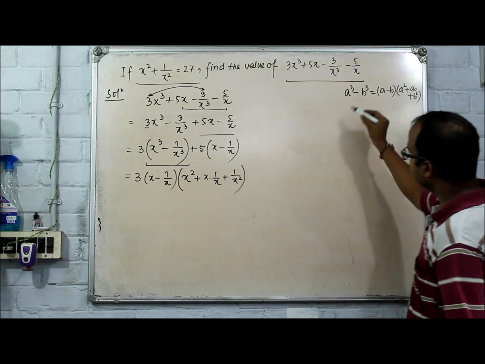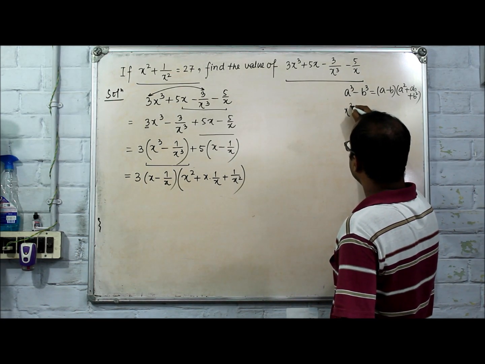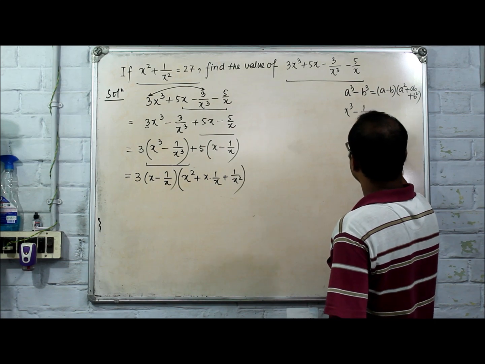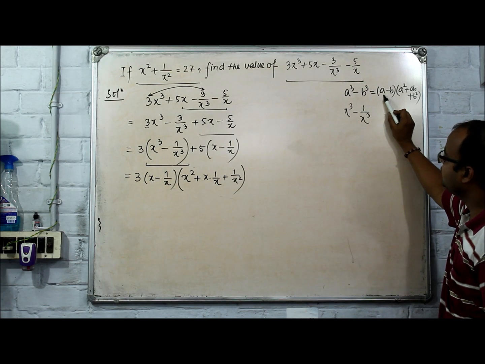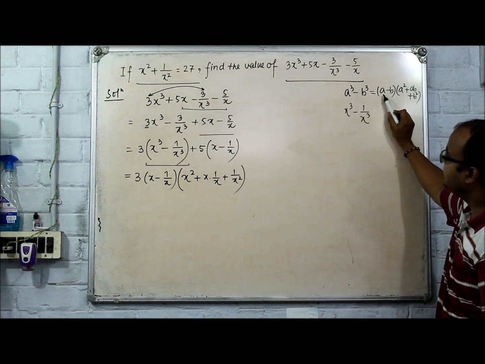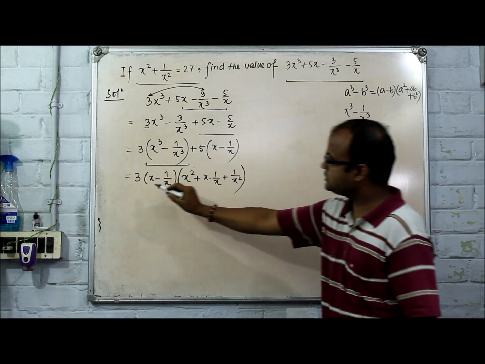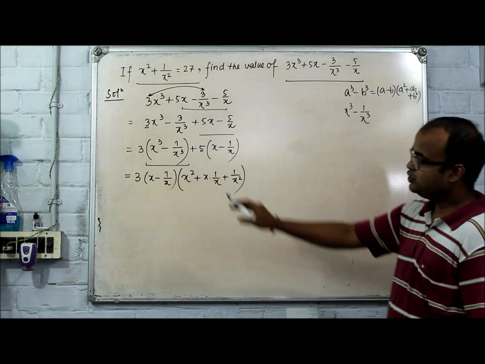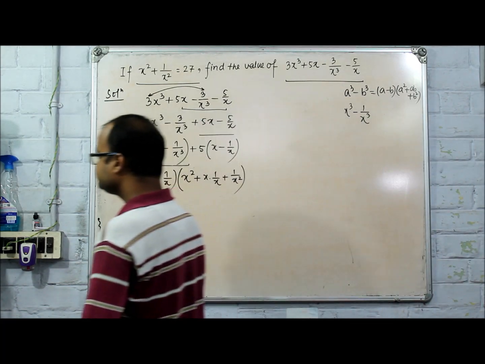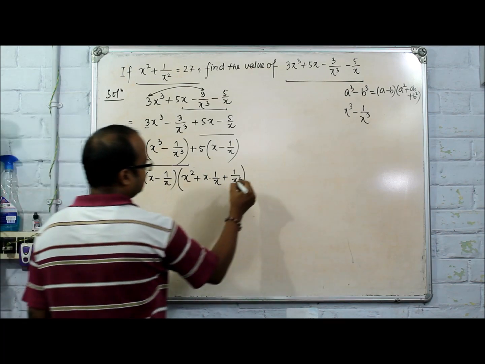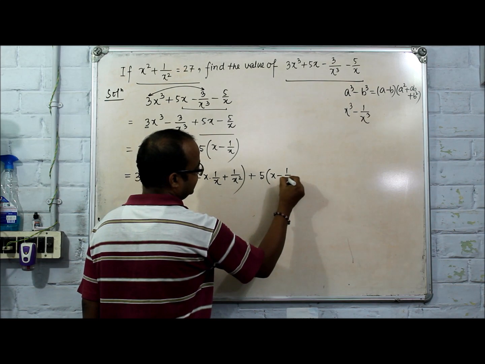Clear? Now if you compare, for us a is equal to x and b is equal to 1 by x. So in place of a we substitute x, and in place of b we substitute 1 by x. If you apply the formula, you will get this term. Clear? Plus 5 into x minus 1 by x.